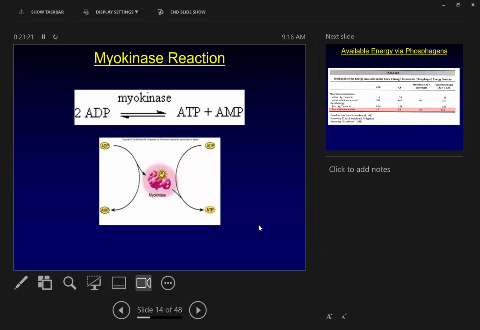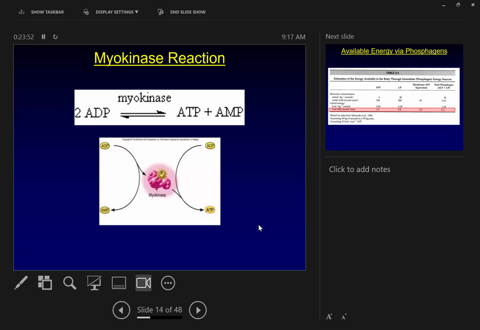And we use an enzyme, shockingly called myokinase, okay? And we take a phosphate off of an ADP molecule, and hook it on to another ADP molecule to make ATP. So in the myokinase reaction, we start with two ADP, we end up with one AMP, so adenosine monophosphate, and a molecule of ATP, like so. Okay? That's how we end up there.